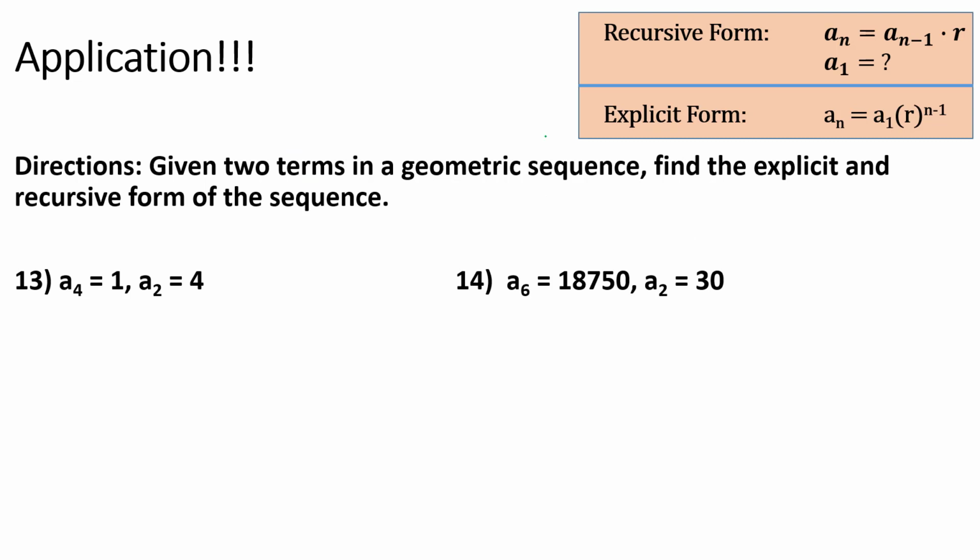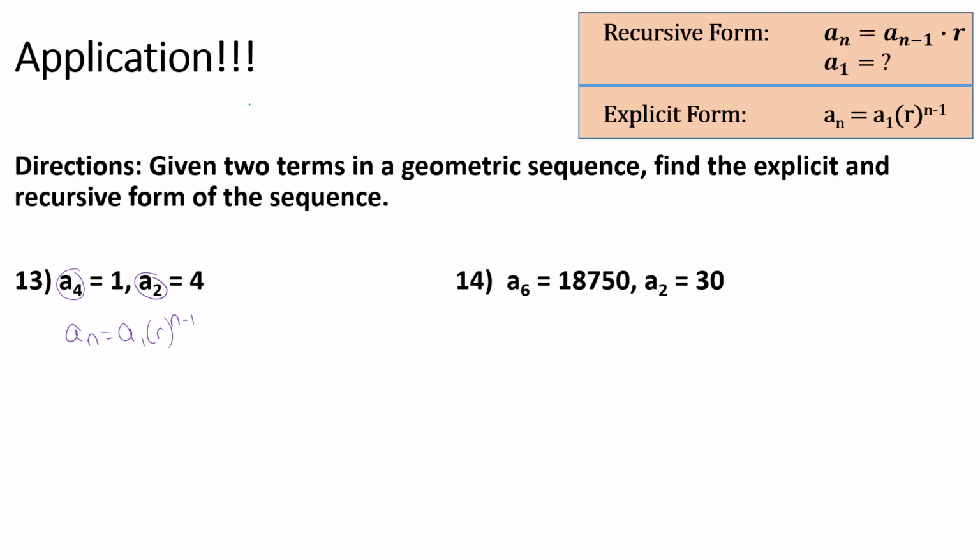Given the two terms in a geometric sequence, find the explicit and recursive form. Well, notice I'm not given an a sub 1. And I'm not given a rate to quickly, easily decide what a sub 1 is going to be. Which means we've got a slightly different process taking place here. We're going to use the formula a sub n is equal to a sub 1 times r to the n minus 1 power.